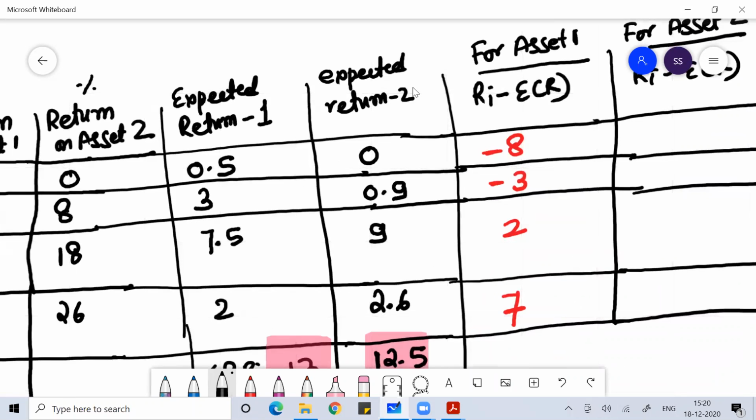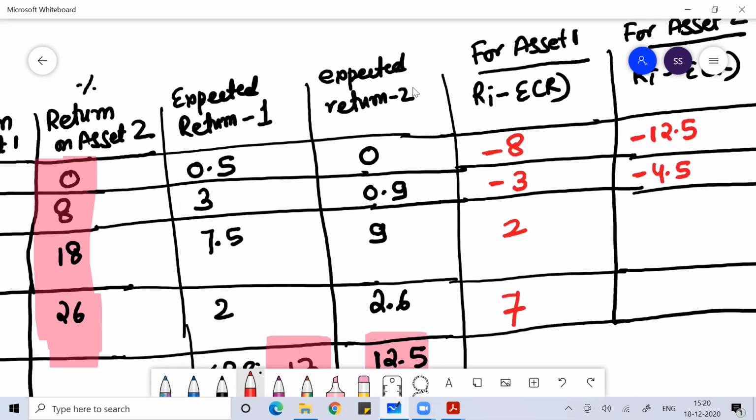So 0 minus 12.5 is minus 12.5. Then 8 minus 12.5 is minus 4.5.